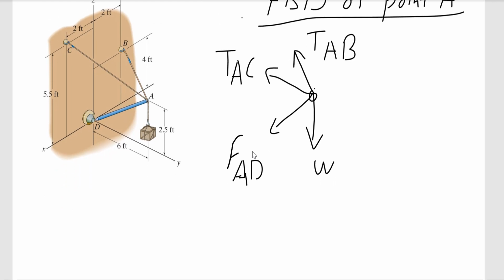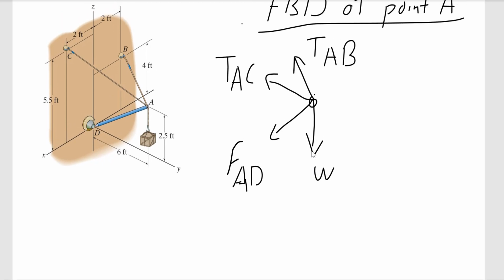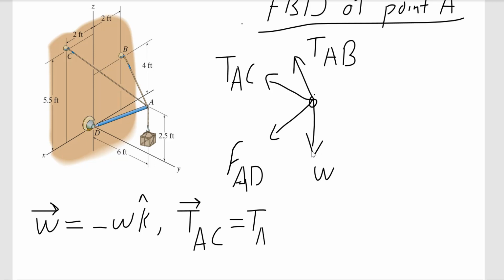But before writing our equilibrium equations, we need to present each force in vector form. For W, because it's in the opposite direction of Z, it is straightforward. For the others, I have to use the unit vector. So W, I don't know the magnitude yet, but I know it's in the opposite direction of Z. TAC, in vector form, would be the magnitude of TAC times UAC.